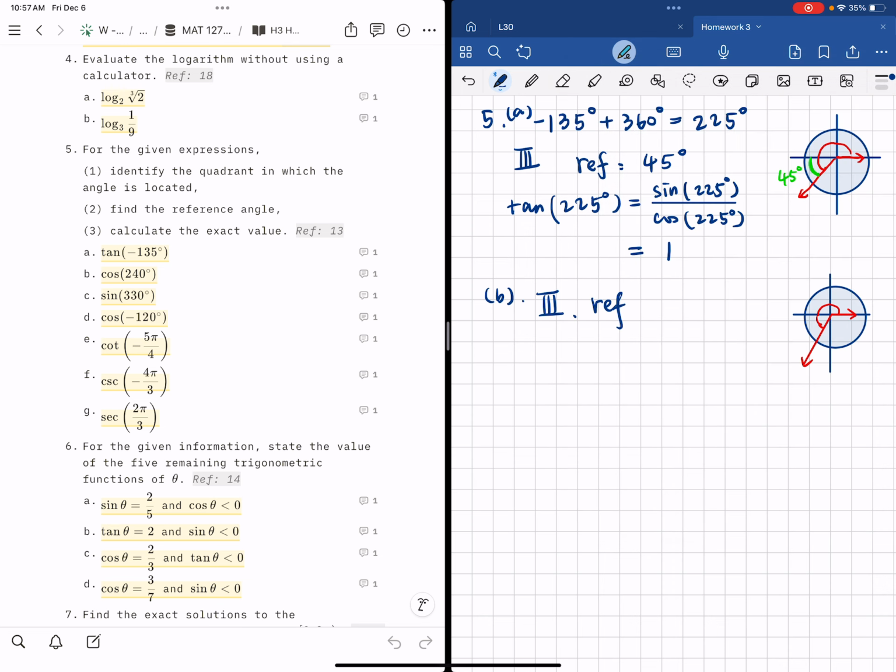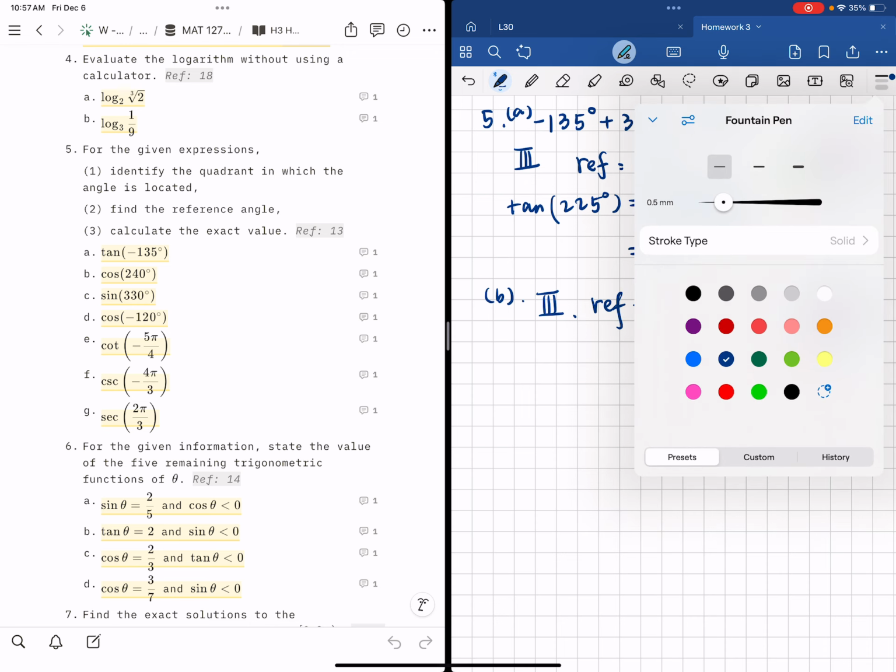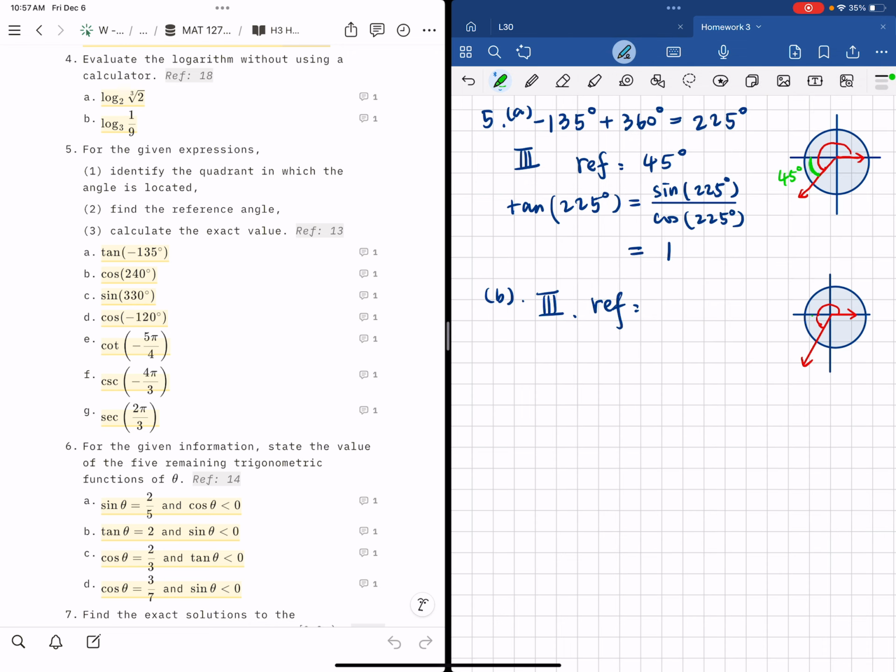And the reference angle, let's take a look at the graph. It will be this part. Remember, it's the difference between the horizontal axis and the terminal side. To calculate this part, you could use the angle measurement 240, subtract 180, because the straight line is 180. So this will give you 60 degrees.